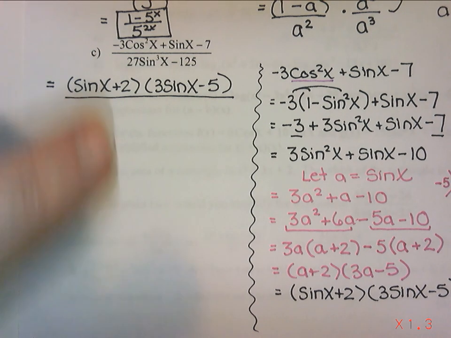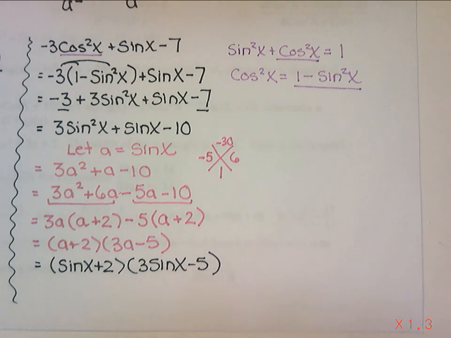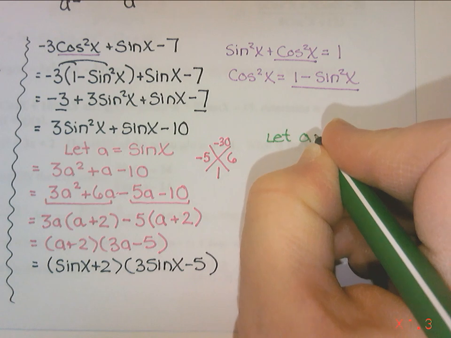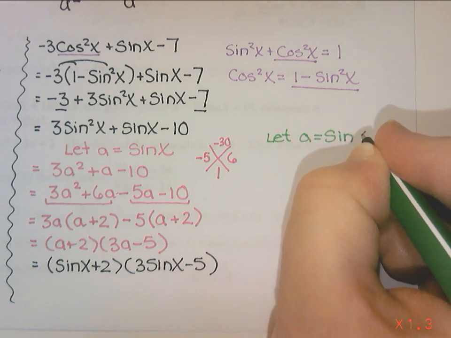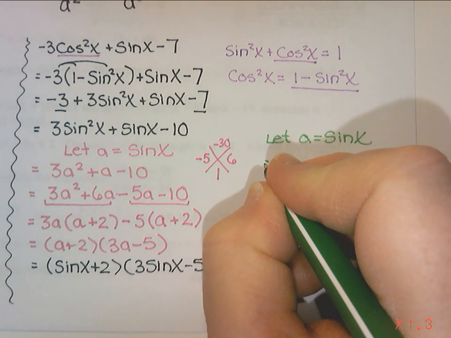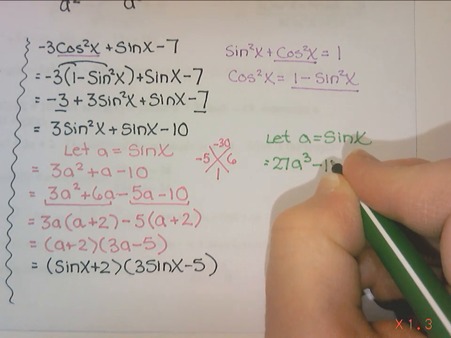So I'm going to put a in for sine x again, and if I do that, I get 27a cubed minus 125.